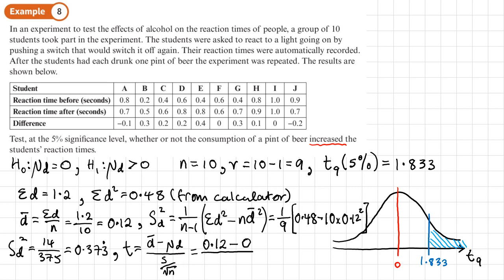So I think I'll write it like this. It's going to be difficult to write like a full fraction over a fraction at the bottom. So it's going to be that divided by the square root of n. So n was 10, so root n. So work out that and see what value we get.